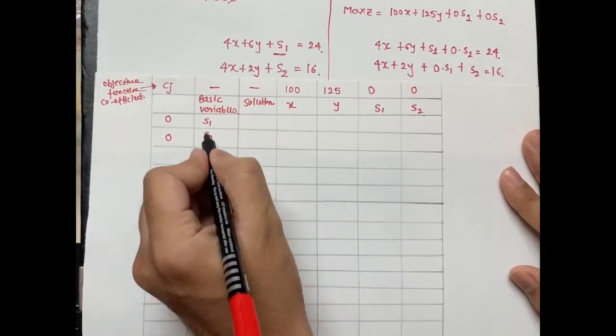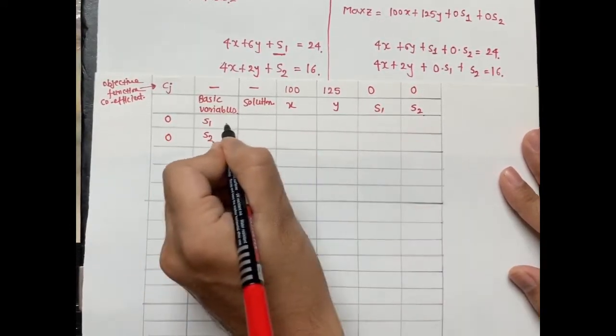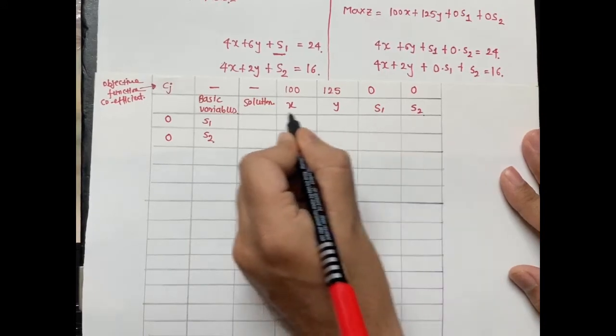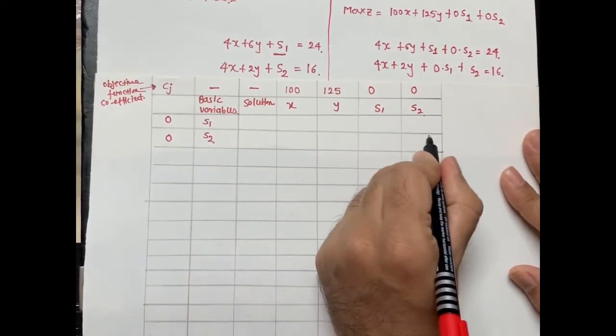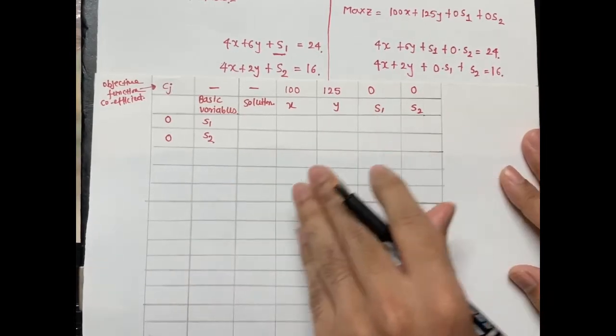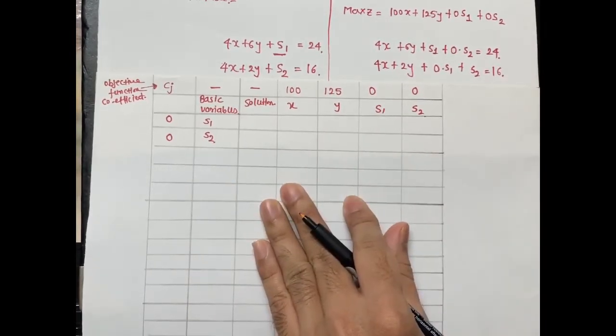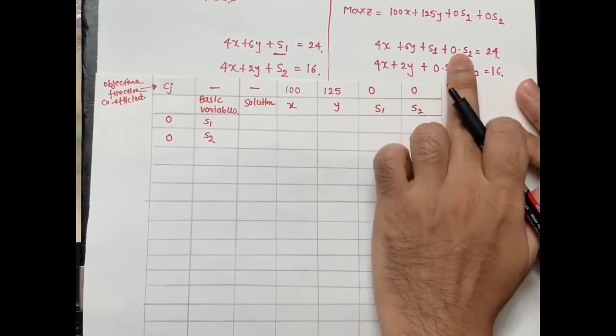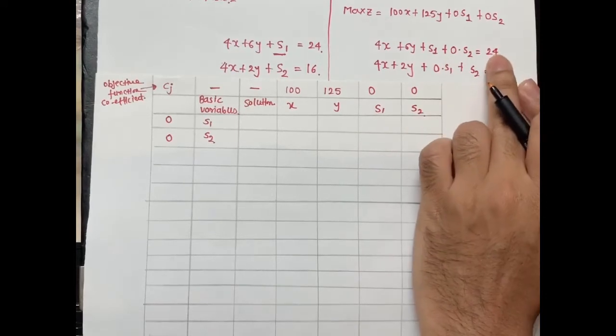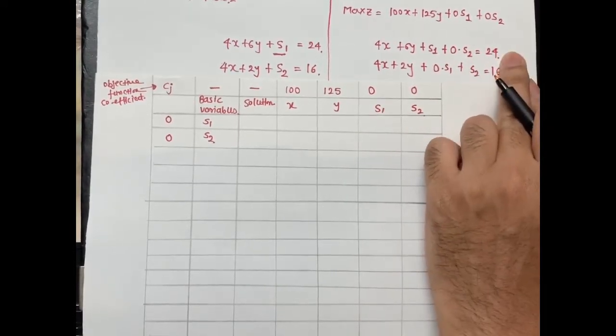Solution. So this first row is associated with the S1 variable. This second row is associated with the S2 variable. The first row is associated with the first equation. What is the solution value? Solution values are on the right hand side.